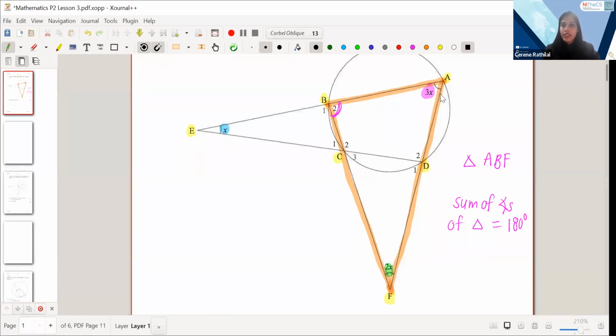So what we have is a 3x, and we know that this 3x lies in a cyclic quadrilateral, isn't that so? So if I just draw your attention, that's B, A, C, D, and we've got 3x. Using the results that we had just gone through on the previous slide, if you know that ABCD is a cyclic quadrilateral, what can we conclude?